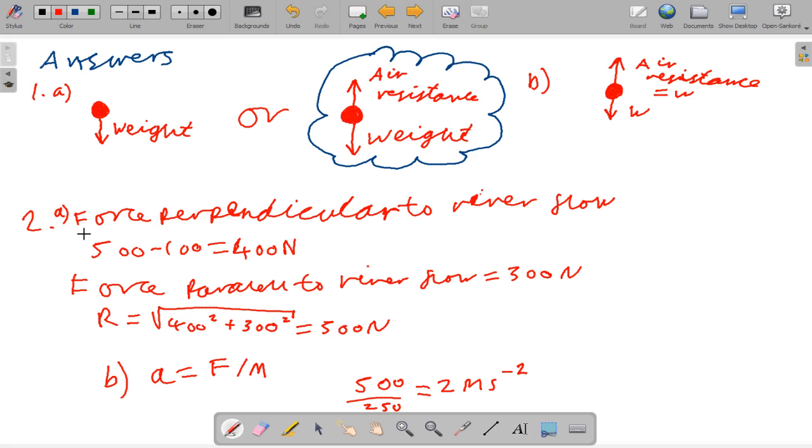2 part A. The force perpendicular to the river flow is 500 minus 100, which is equal to 400 newtons, and the force parallel to the river flow is 300 newtons. So knowing that, I will now draw a triangle.